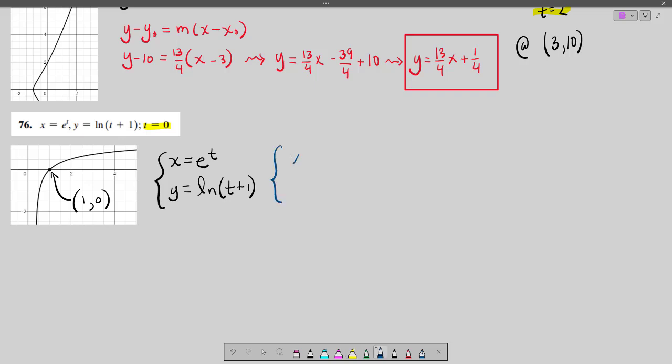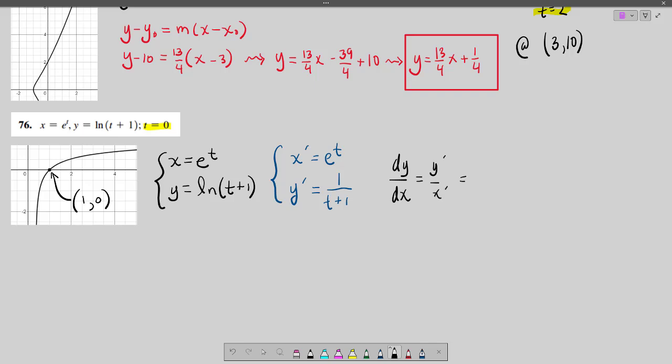Our derivative system will be e to the t, comma, y prime will be the derivative of that, 1 over t plus 1. And then dy dx is y prime over x prime.